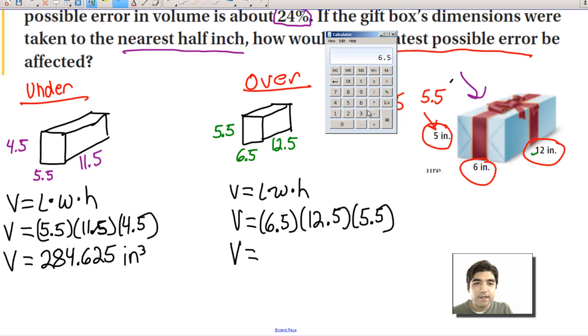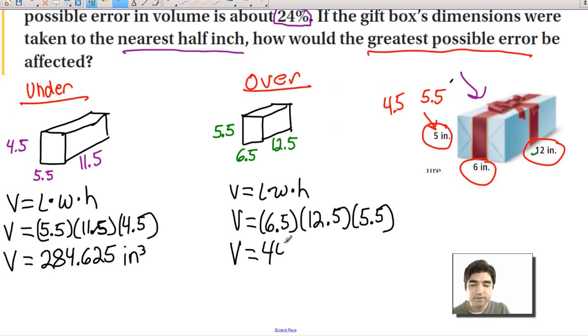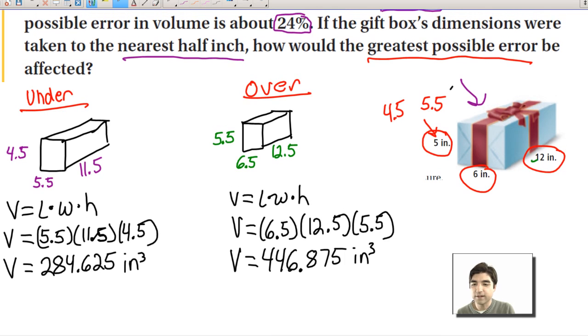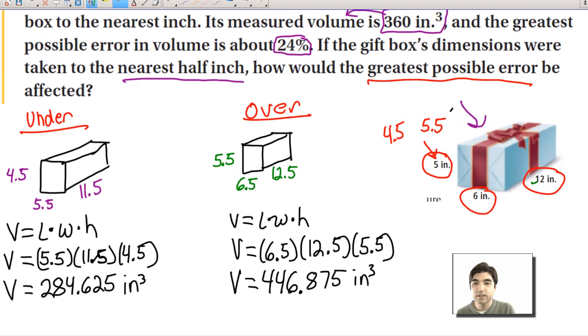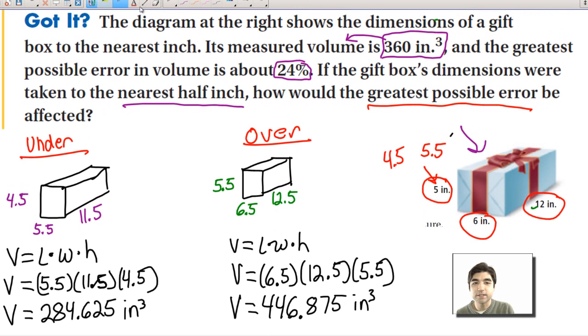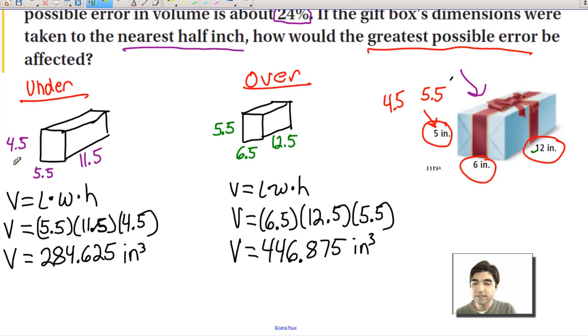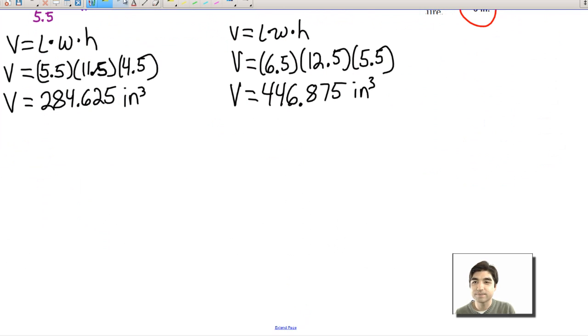So 6.5 times 12.5 times 5.5 equals 446.875. Okay, so that's inches cubed. So we have an underestimation and an overestimation, and we need to compare this to the original volume of 360 inches cubed.